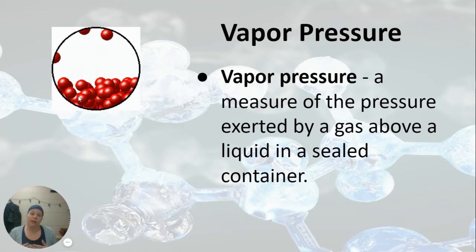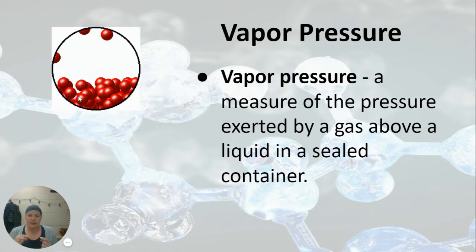Sometimes some particles have a little bit more energy than the rest of the bunch do. And when that happens, those particles sometimes have enough energy to actually escape and turn from a liquid into a gas. So those few particles that have that extra little oomph of energy can turn into a vapor from the liquid phase.